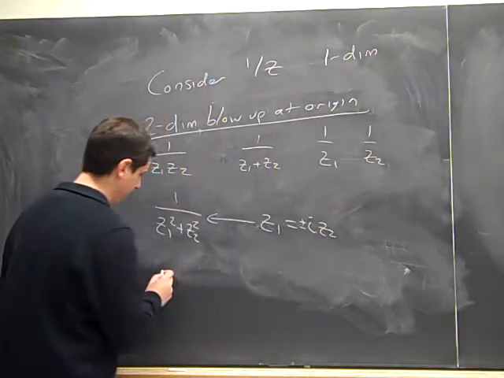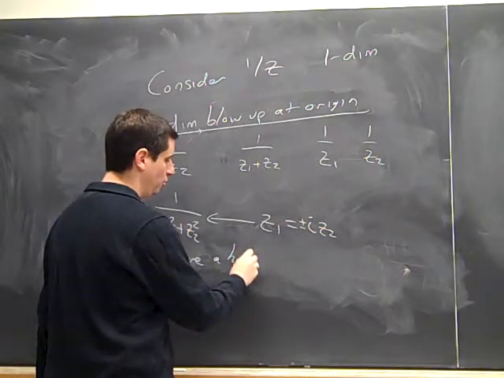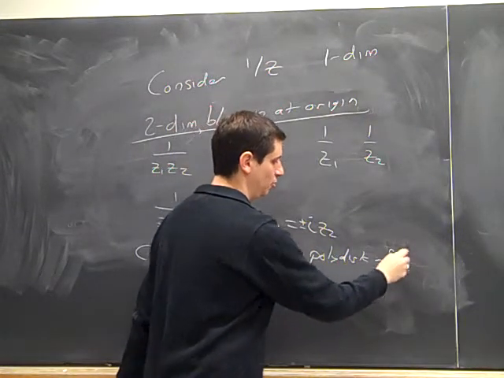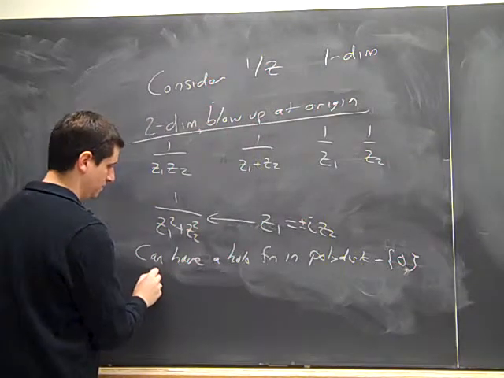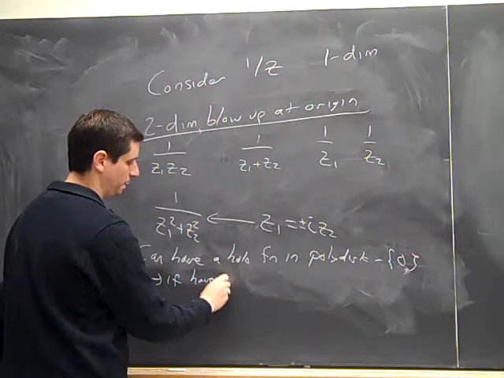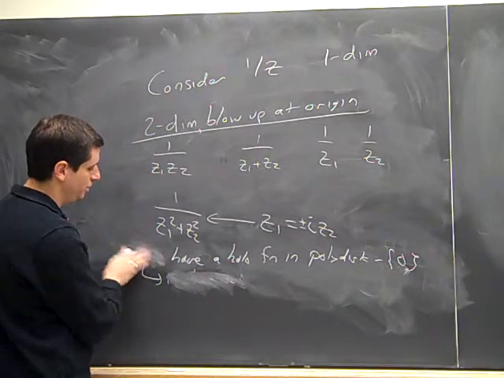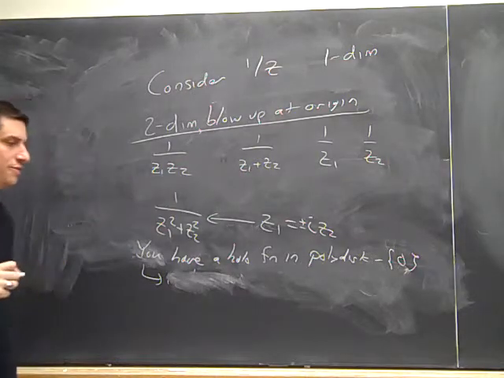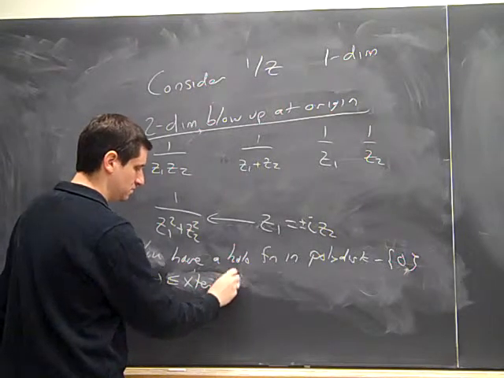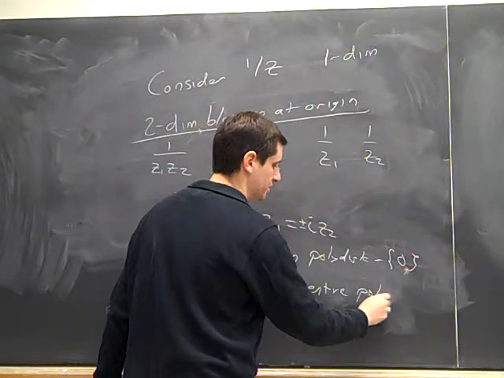So basically, if you have a holomorphic function in the polydisk minus the origin, it is extendable to the entire polydisk.